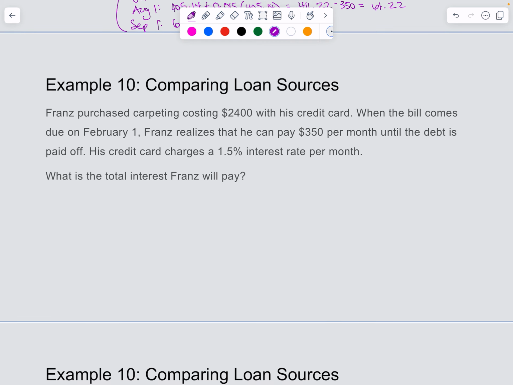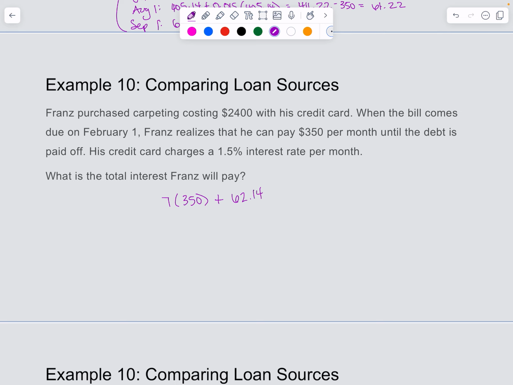Now, what is the total interest that Franz is going to pay? To calculate our total interest, we just add up all the payments and subtract the cost, right? Because remember, the interest is the additional payments that he makes on top of the original cost, what we call our finance charge. So the total of all his payments, we said 7 of them were $350, and 1 of them was $62.14.